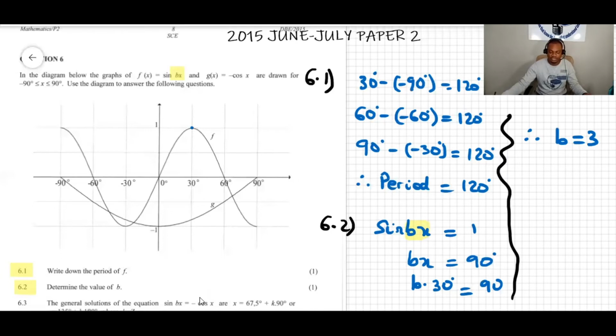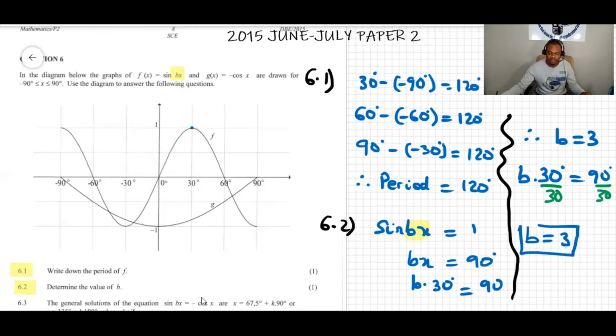In the calculation, we had b times 30 degrees equal to 90 degrees, and we divide both sides by 30, so we get b equal to 3. b is just a number, it's not a degree, so b is equal to 3.